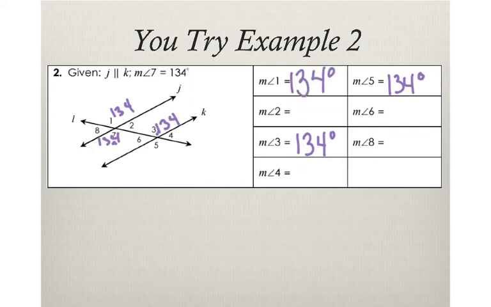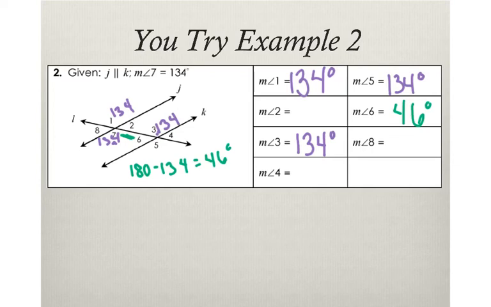Again, using your straight line rule, you could also do it based on consecutive interior angles. You know that they have to equal 180 degrees, so 180 minus 134 is going to give me 46 degrees. So I know the measure of angle 6 is 46.